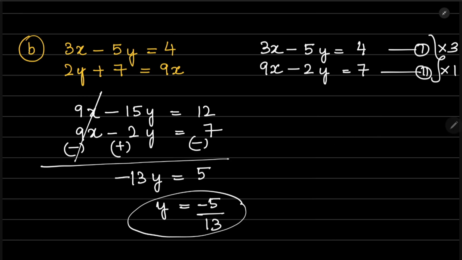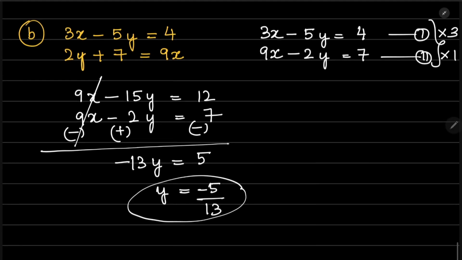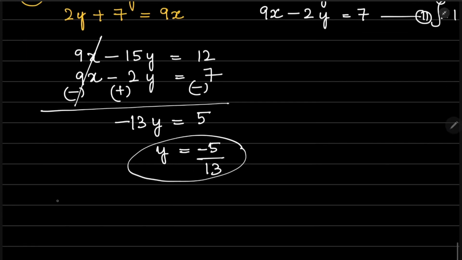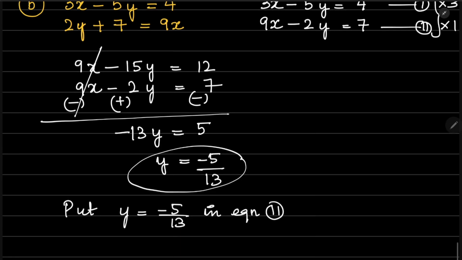Understood? Okay. Now once you have got your y is equal to, you can put it in any of the equations. So let me put it in the second equation. So you can put y equal to minus 5 by 13 in the equation 2. That is here, this one. I'm going to put it here. Right?